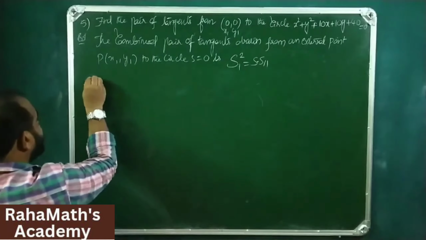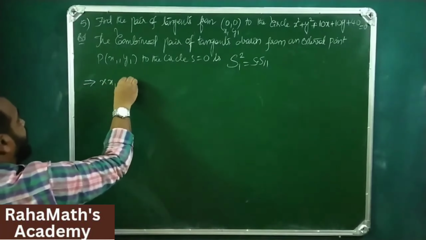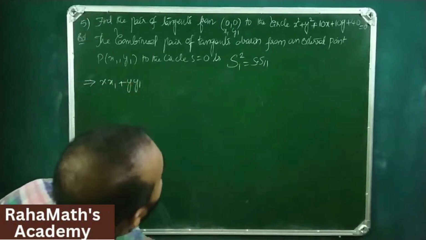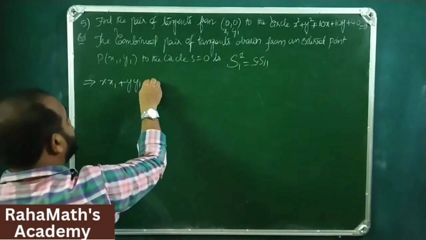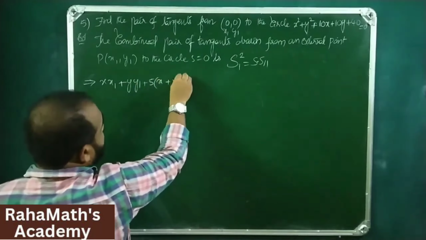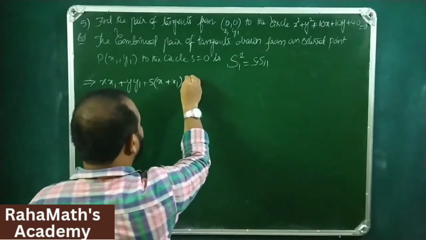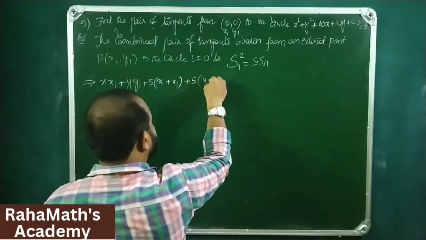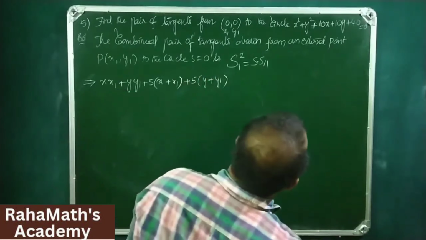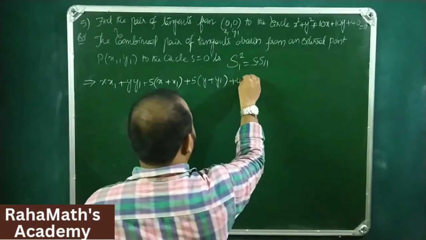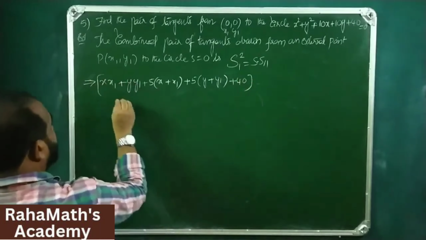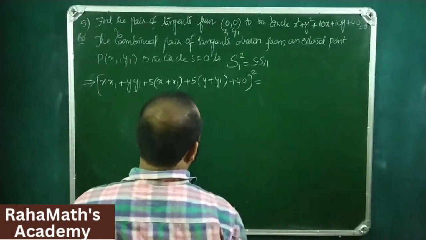xx1 plus yy1 plus 5 into (x plus x1) plus 5 into (y plus y1) plus 40, whole square, equals S into S11.